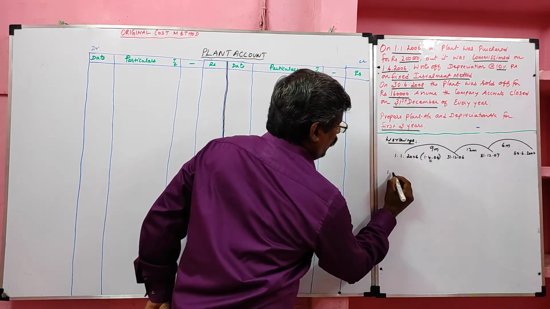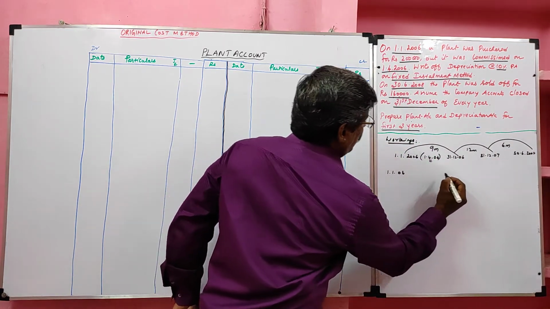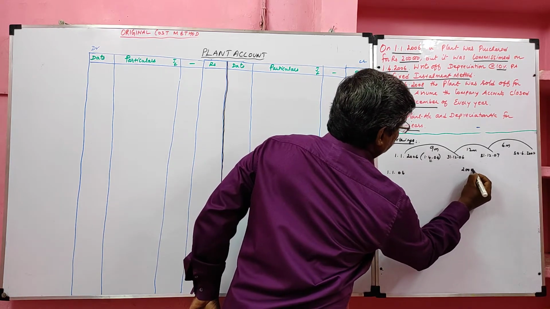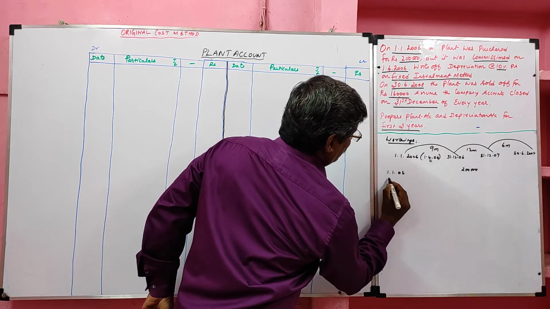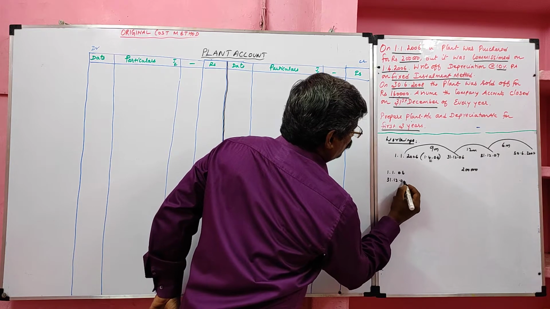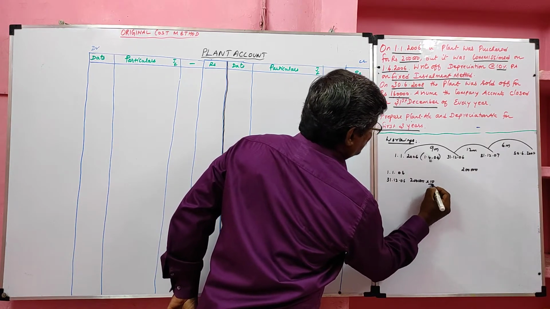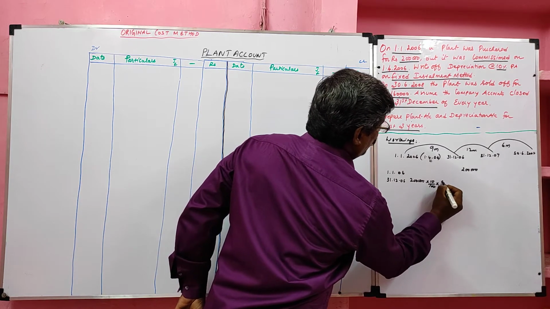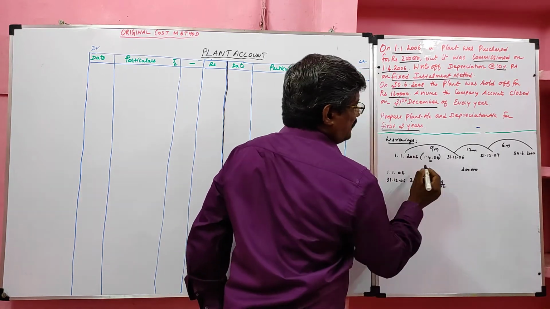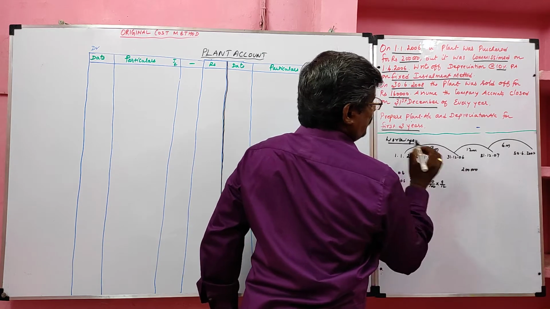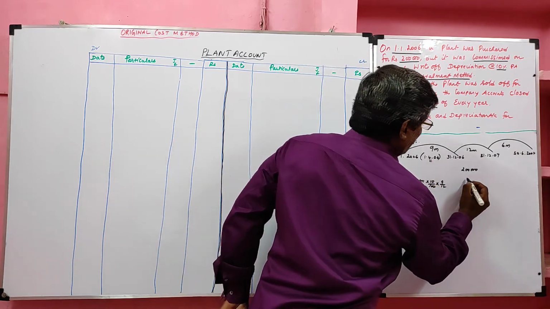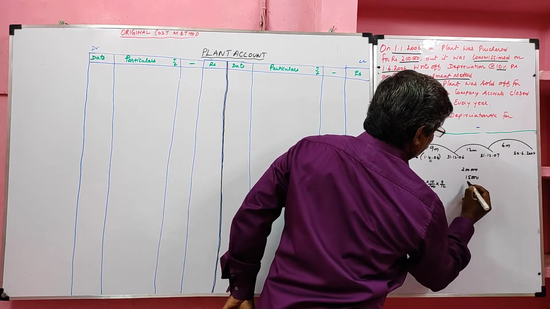Now on 1/1/2006 we bought for 2 lakh rupees. The first year ends on 31st December 2006. On 2 lakh, depreciation 10% on straight line method, we have to provide for 9 months because we started to use from 1st April 2006. The depreciation value is 15,000.